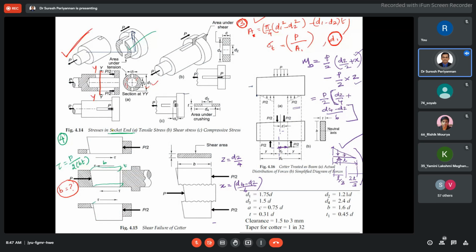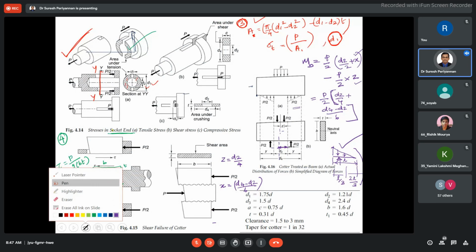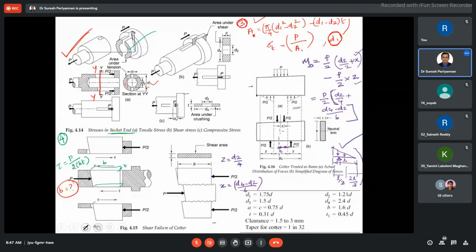Now you know I. What is this I? I is nothing but D B cube by 12. Here we have to consider this one: T B cube divided by 12, because we would like to find out the bending stress. Sigma B is equal to M times Y by I, where I is T B cube by 12.